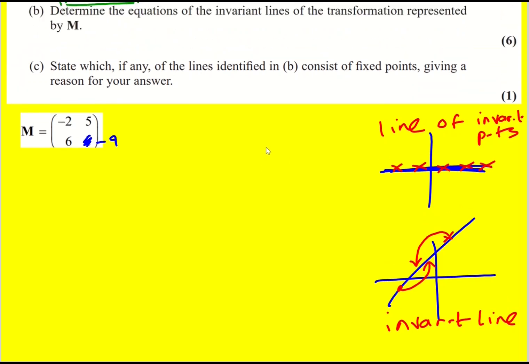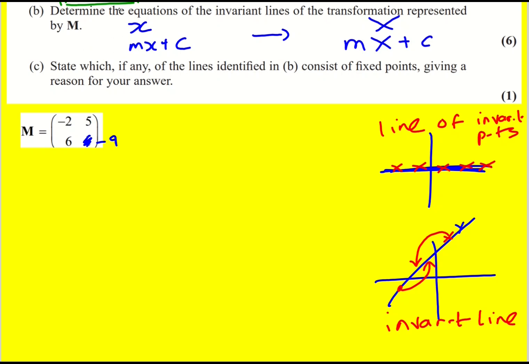Let's set up how to find it. We've got a value x, and then y is going to equal mx plus c. This is going to be my x on the line of invariant points. We're then going to map x to a new position, which I'm going to call capital X, and then my new y is going to become m capital X plus c.